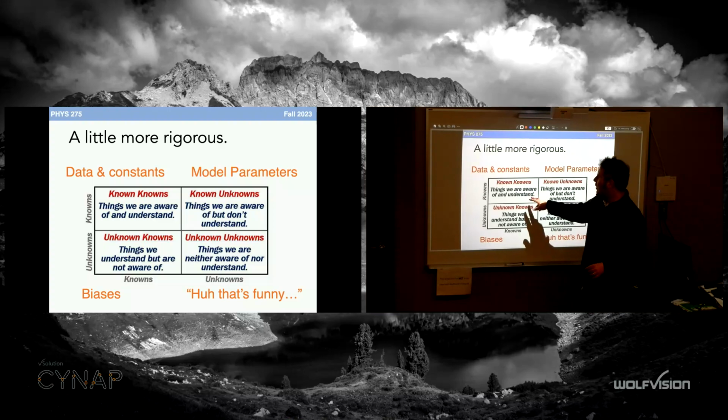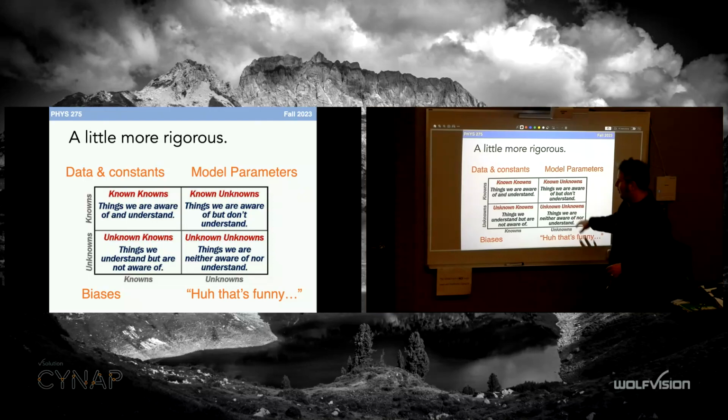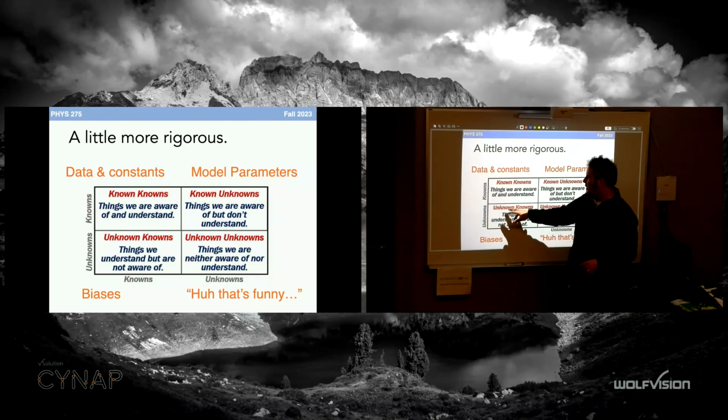You have known knowns, things we are aware of and understand. So that's data and constants. We know those, right? That's the information. Model parameters are known unknowns. These are the things we're trying to infer. We have unknown knowns, so things we understand but we're not aware of. For example, biases, especially cognitive biases, squarely: everyone knows.